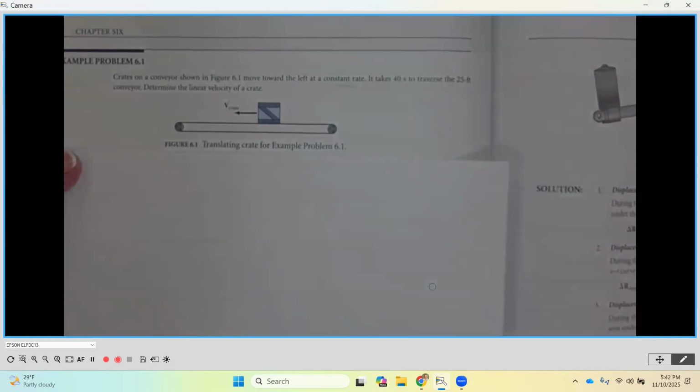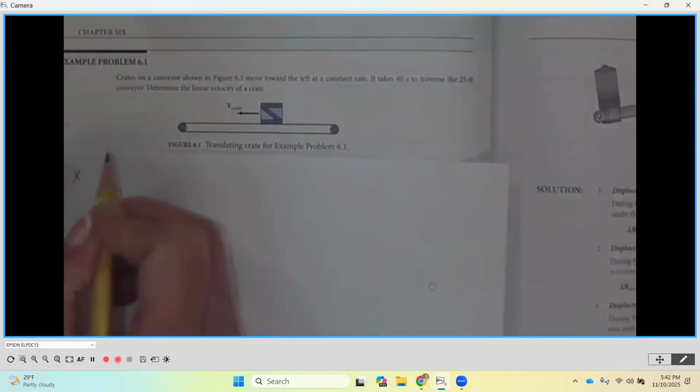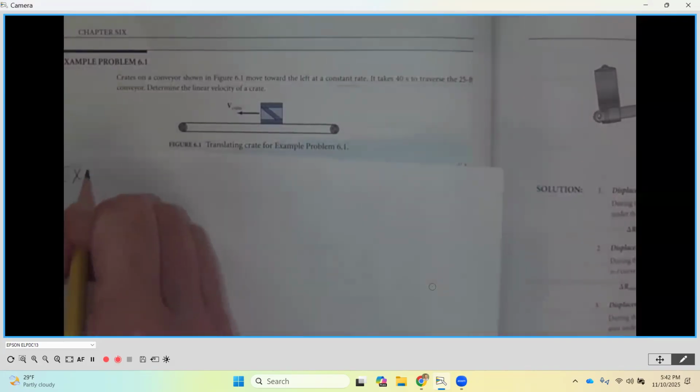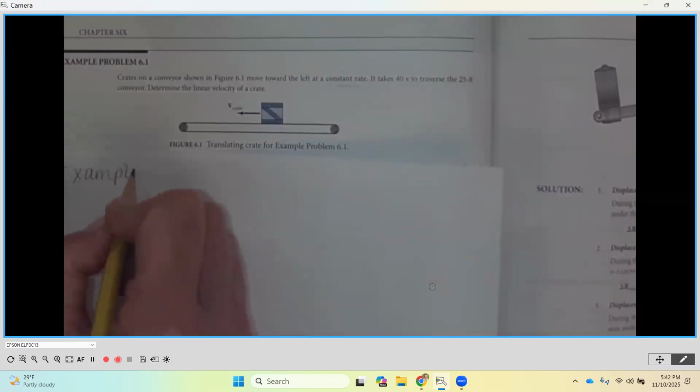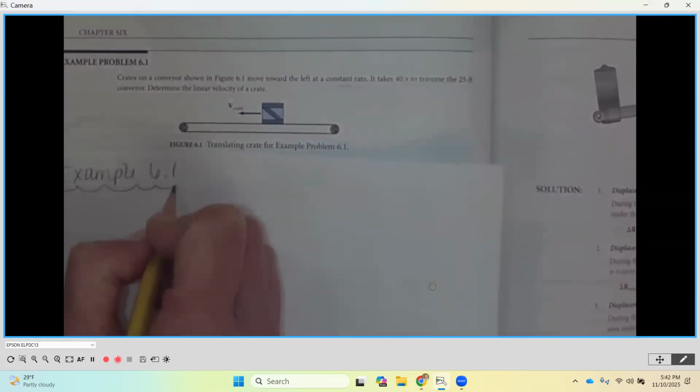They want us to determine the linear velocity of that crate on that conveyor. So using the equation that we just learned, this is going to be your first practice problem. So you're going to want to label this example 6.1.